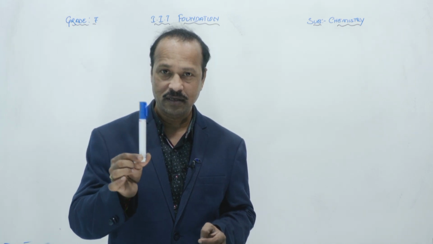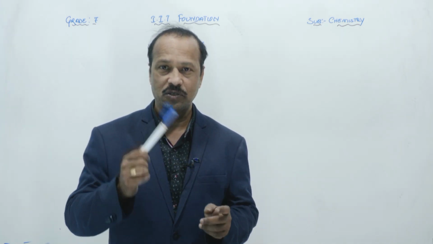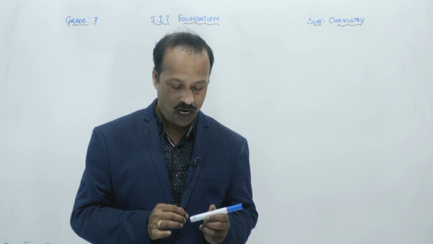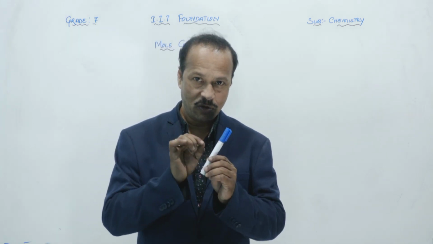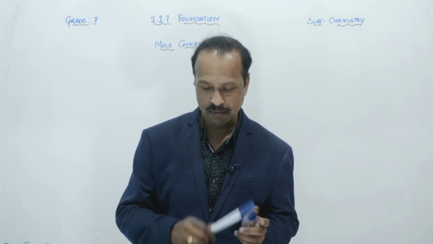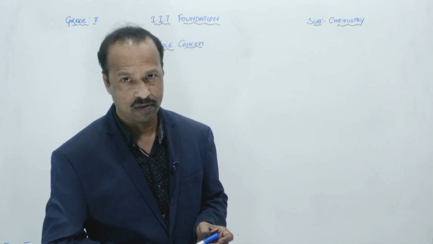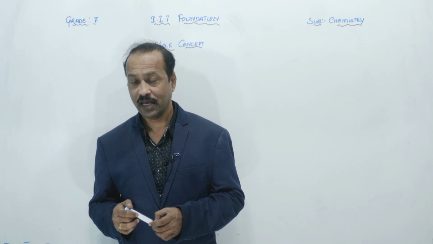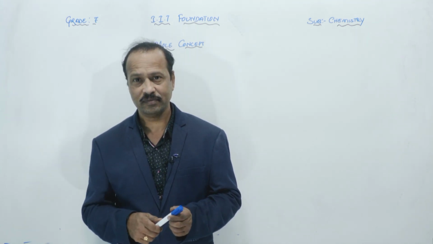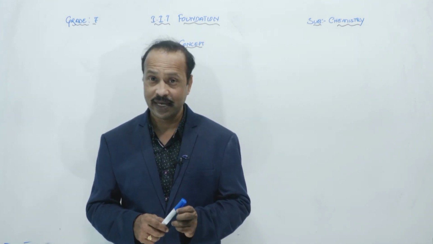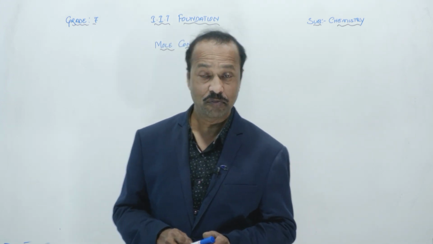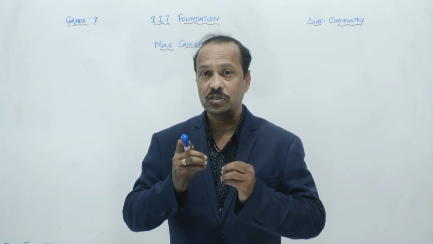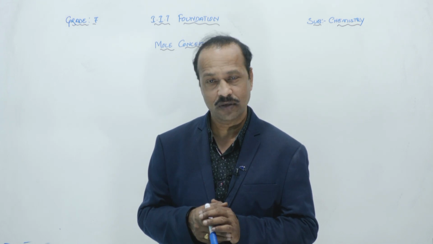Many molecules combine and this matter is formed. Now, I want to see an individual molecule of this pen. Can I see it with my naked eye? No, I cannot, because the molecule is very small.